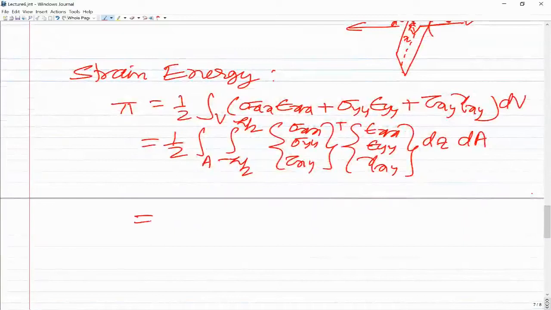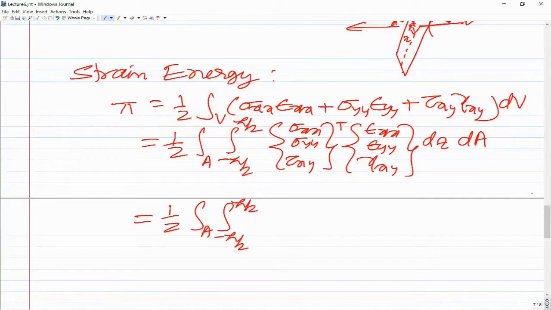So you can ultimately write this as half, integration over the area in the xy plane, integration along the thickness direction, minus h by 2 to plus h by 2. Then sigma is C into epsilon, so its transpose would be epsilon transpose into C transpose. C, the constitutive matrix, is symmetric.